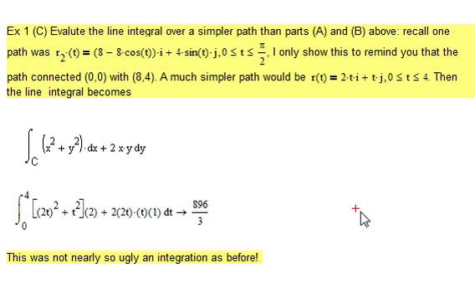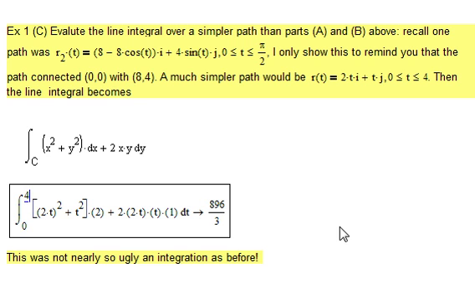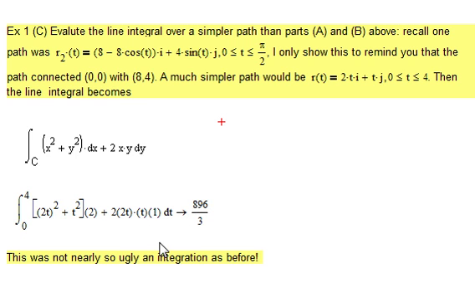I won't bother to evaluate it fully, but it wouldn't be all that bad to evaluate something like this from 0 to 4, because the numbers are going to be nice. This is just strictly a polynomial. We get 4t squared plus t squared, so that's 5t squared times 2 is 10t squared. And then here's another 4t squared, so 14t squared. So that would be 14t cubed over 3.